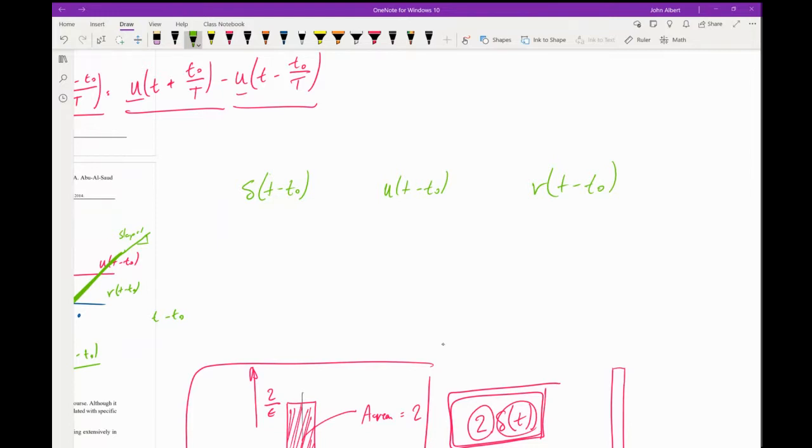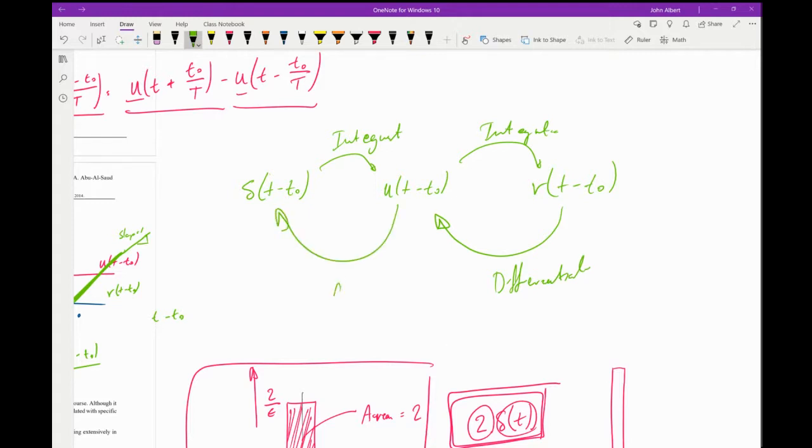If I integrate the unit impulse, I get the unit step. Integrate again, you get the ramp. If you differentiate the ramp, you get the unit step. If you differentiate the unit step, you get the unit impulse.